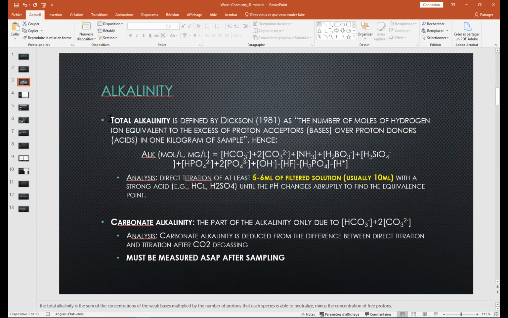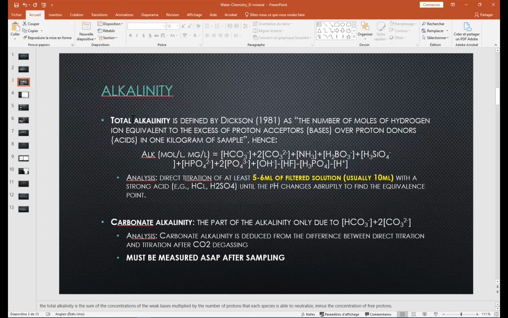So just a reminder, you have 2 types of alkalinity: the total alkalinity, which corresponds to the excess protons of your solution, which is not neutralized by the bases which are in the solution. So basically it means that you have the pH, the carbonates, but also the borates, phosphates, etc.